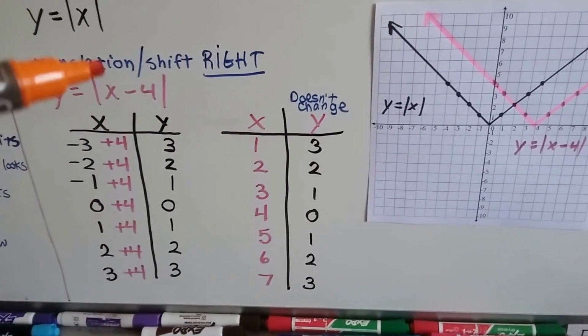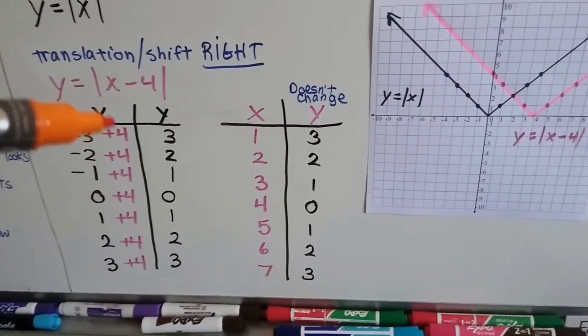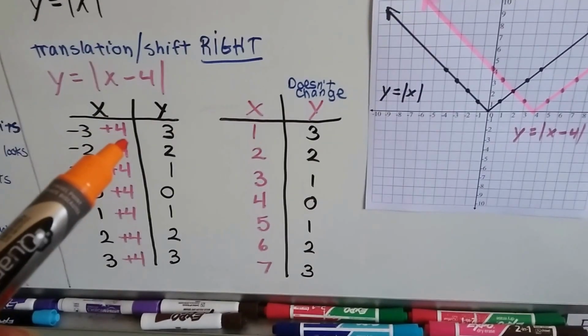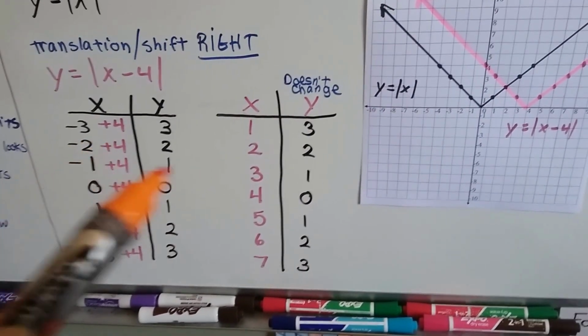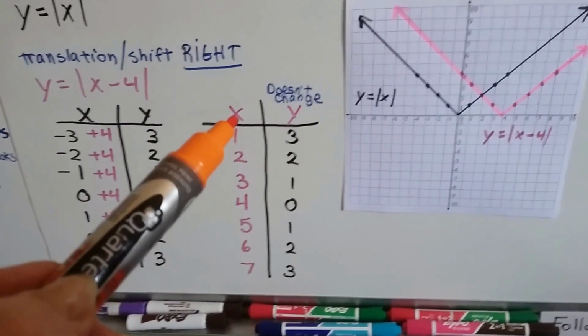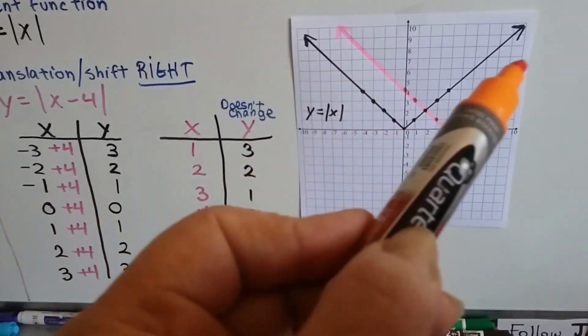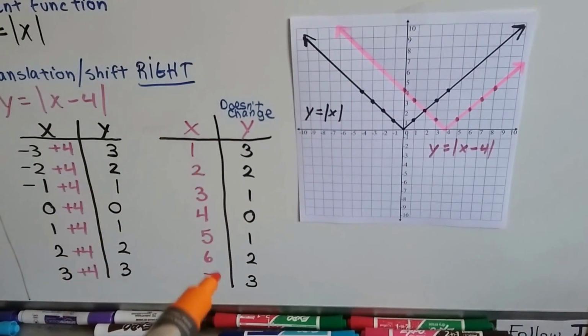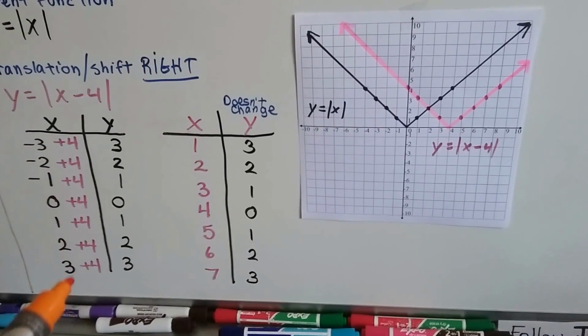So because this is an absolute value bars, we're going to do the opposite, and we're going to add 4. So -3 plus 4 makes a 1. -2 plus 4 makes a +2. So our pink V-shaped graph, our new coordinates for x are going to be these because we added 4 to these, see?